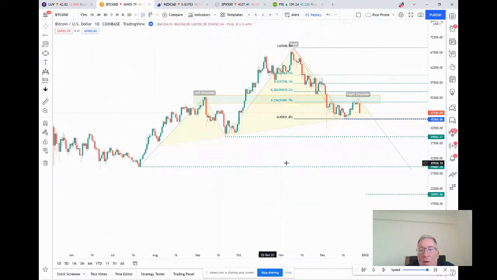Okay. Now, where am I going to target? Well, I've got a couple areas. First of all, I love to take profit, partial profit along the way. And I can decide either to take partial profit at pivot points or right down here.